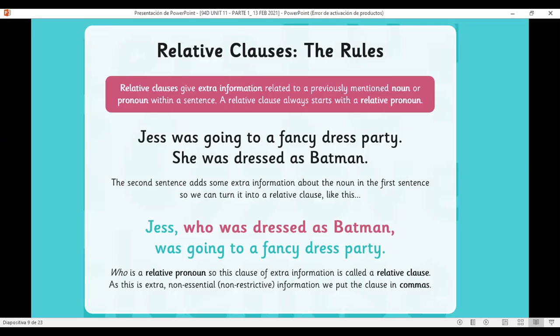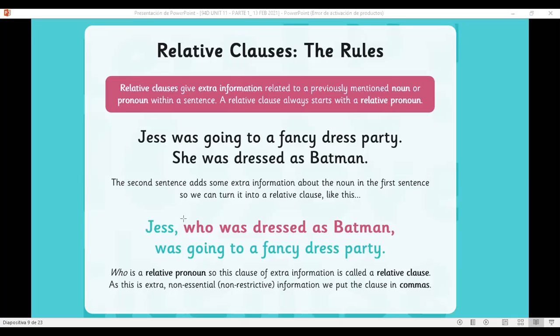Look at this, how would it be? Miren cómo nos quedaría esta oración. Jess, who was dressed as Batman, was going to a fancy dress party. Estamos utilizando la información de ambas oraciones, uniendo las dos oraciones de forma que nos digan exactamente lo mismo. Sí, exactamente lo mismo. For example, we have Jess, who was dressed as Batman, ¿no es cierto?